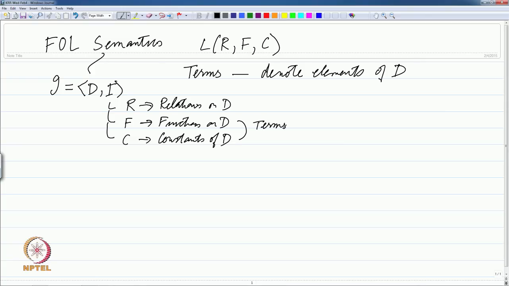So, terms always denote elements of D. This is the first thing that you must get used to, the idea that the semantics of first order logic is set theoretic essentially. We are talking about sets.